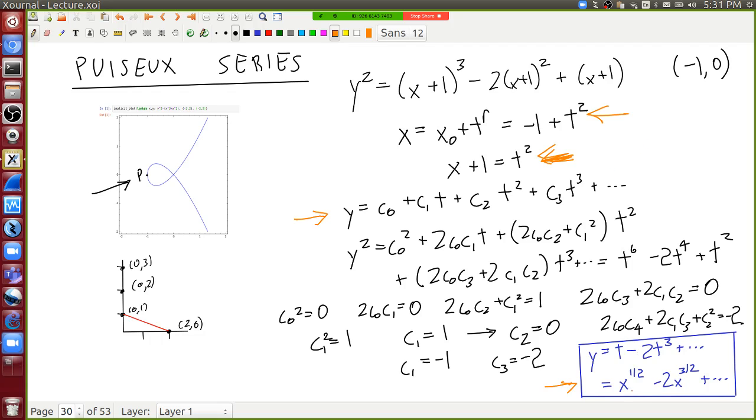Actually, I didn't write that right. The series is like x plus 1 to the 1/2 minus 2 times x plus 1 to the 3/2. So when I put x down here, that is a typo. That should be x plus 1. This is what y's expansion looks like as I start extending it out.